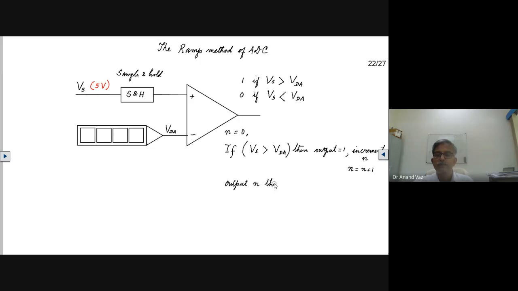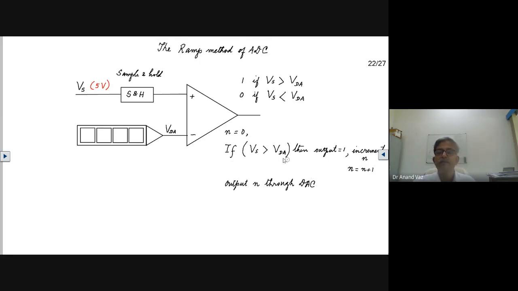Through the DA, you are going to produce an incremented value. So the next value will be 0 0 0 1. You send that out, and again you compare.